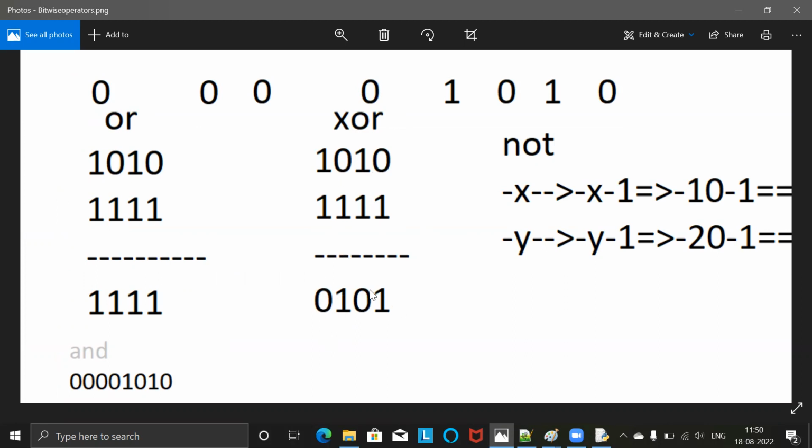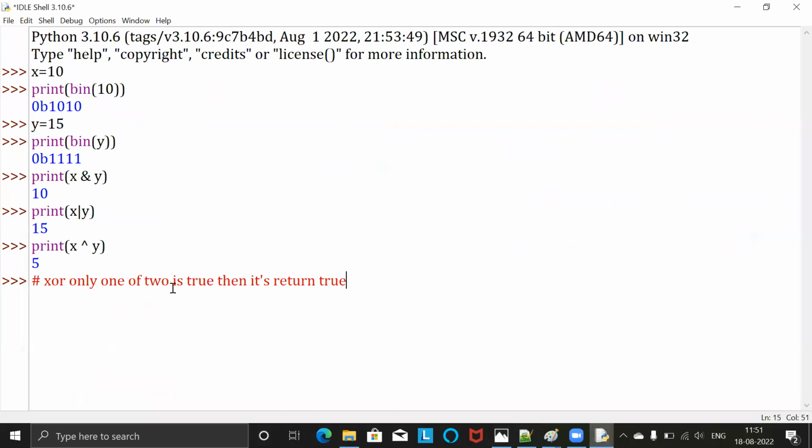The value is 1 plus 4, which is 5. So it returns 5.